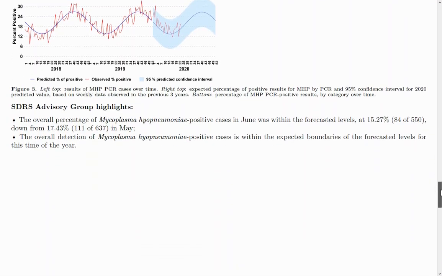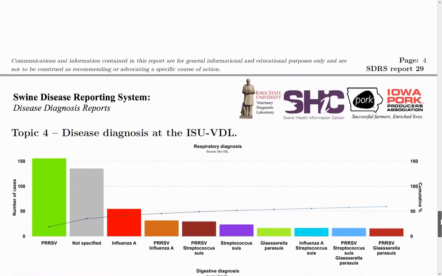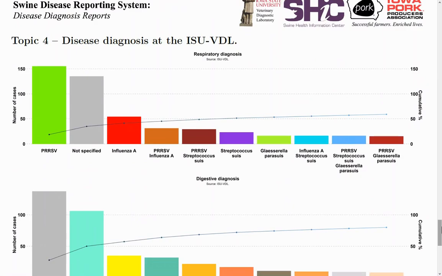Okay, and moving to the last page of the report, which is the disease diagnosis report. And so what is the information? Can you talk about this page and where did you get this information from? Yeah, the previous pages we just talked about detection by RT-PCR, and here we are talking specifically about disease diagnosis.